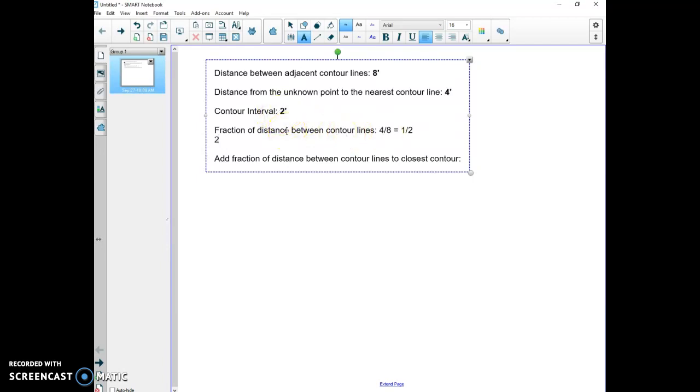So it's going to be 2 times 1/2, and we get 1 foot. Then we're going to add this 1 foot to the closest contour. Since they were equidistant, we're going to add it to our 330 foot contour plus 1 foot, and we're going to get 331 feet.